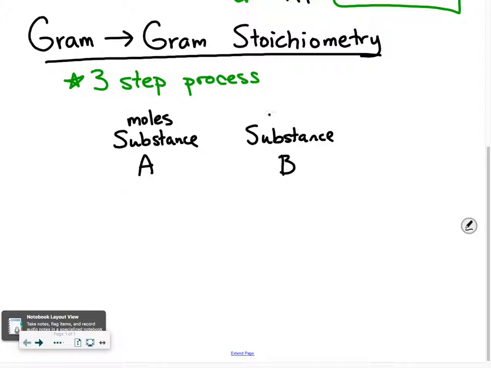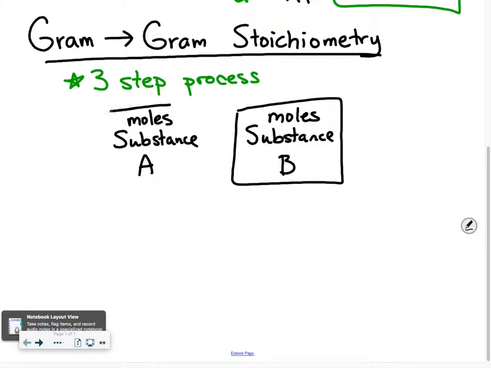So you have to get these substances in moles in order to convert between them. It's the only way to convert from one substance to another substance in chemistry.